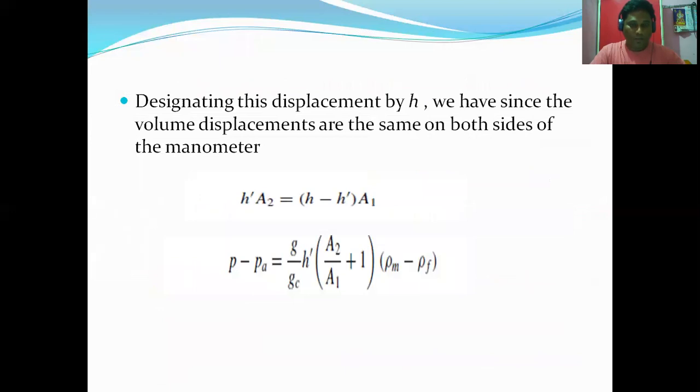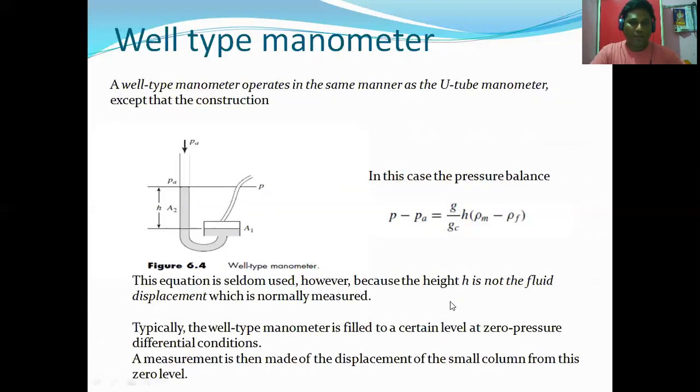h dash A2 is equal to h minus h dash into A1. Here h is the height, and h dash is the displacement. Suppose the height h varies; the small change in level is denoted by h dash.